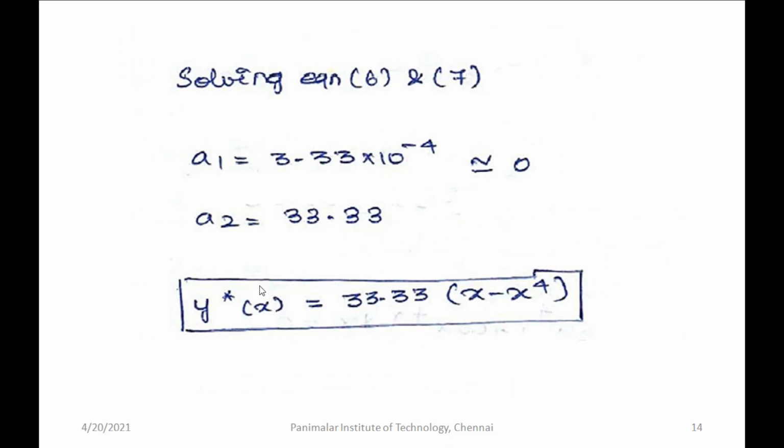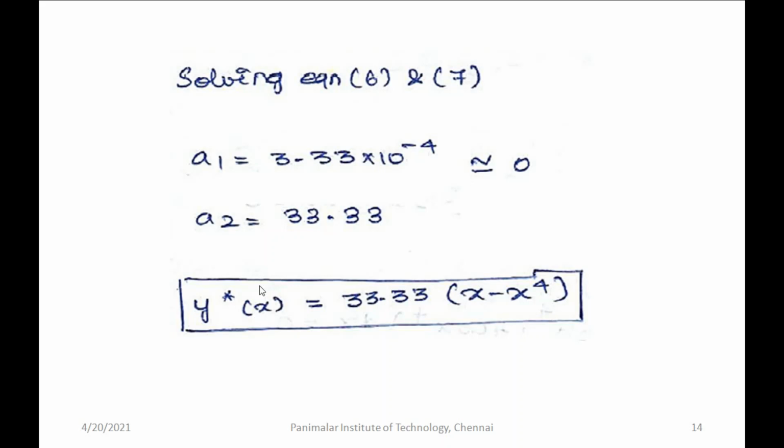Okay, so now on solving these two equations, we are able to get the values of a1 and a2 like this. A1 comes as 3.33 into 10 to the power minus 4. Here we can use this a1 as it is, or otherwise we can approximately say it is equal to 0, since we already assumed it is 0, right, in the point collocation method.